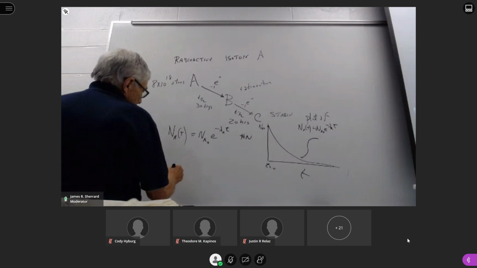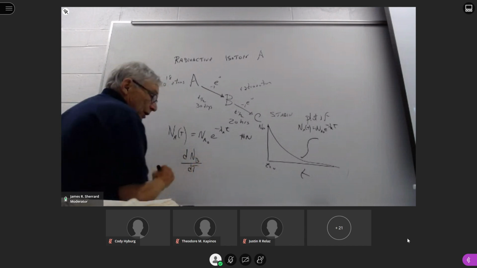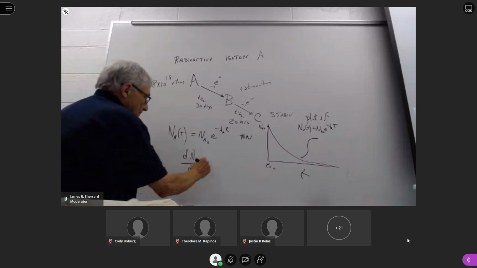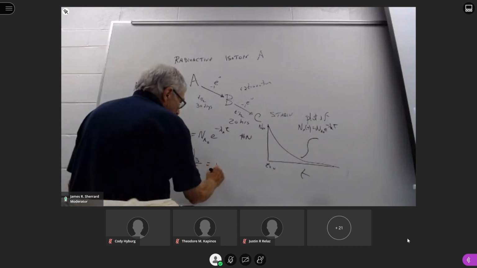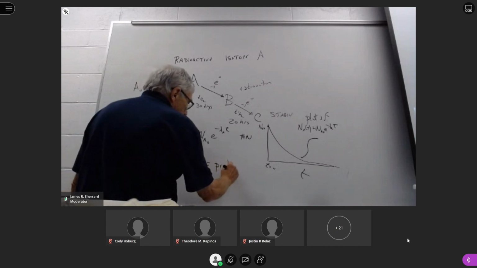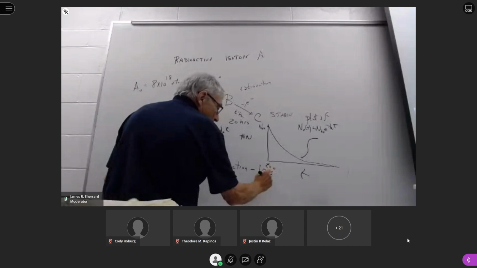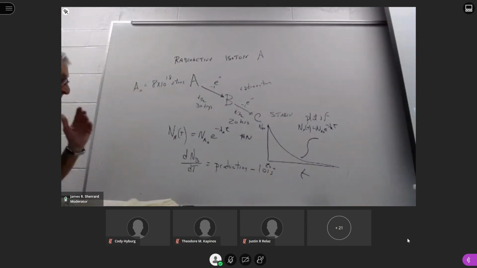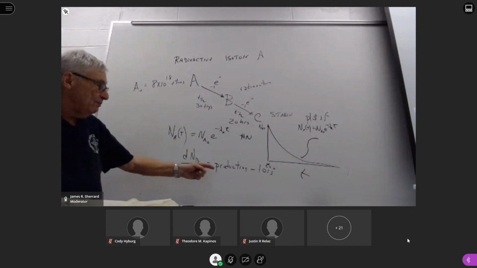So if we look at the rate of change of B with respect to time, we can always say, whenever we write this type of equation, that it is always production minus loss.